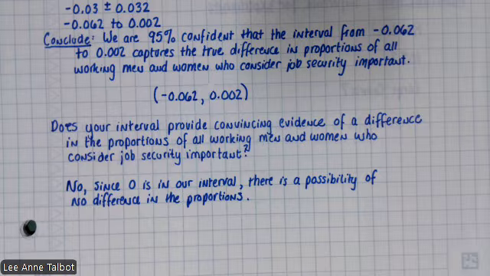Remember, that interval had all plausible values. This is saying that 0 is a plausible value, which means that there's possibility of no difference at all. 0 is a possible answer. But the reason is because it goes from negative to positive. So there are some times when each of them care more, or it could be nothing.